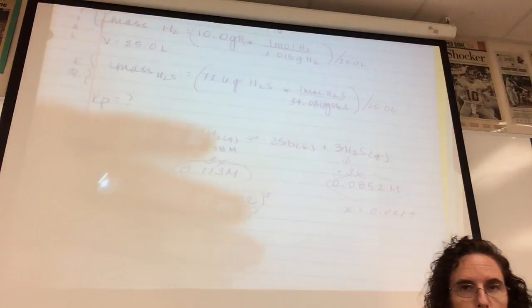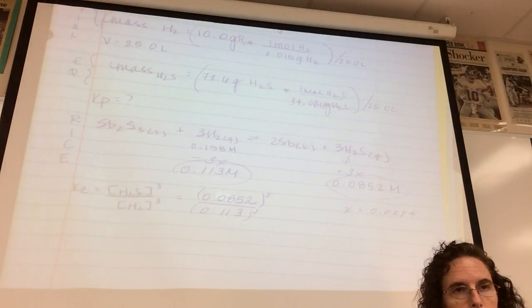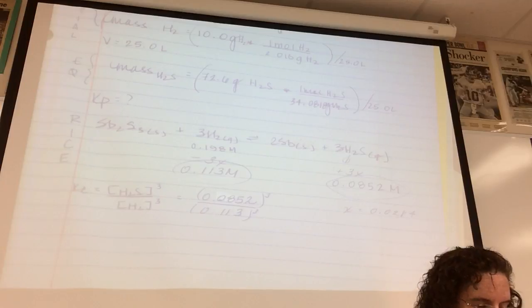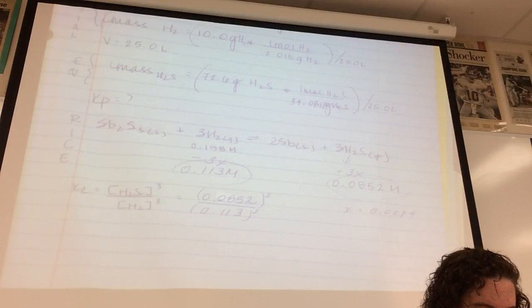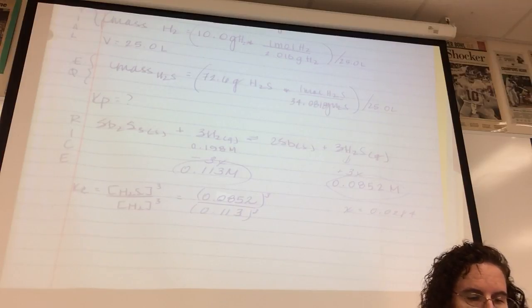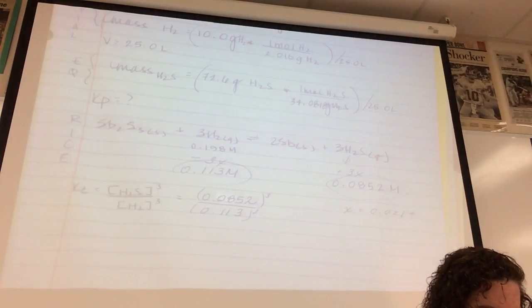Now the threes, you don't just say, oh, the threes cancel. Be careful with stuff like that. You don't have the same variable there.